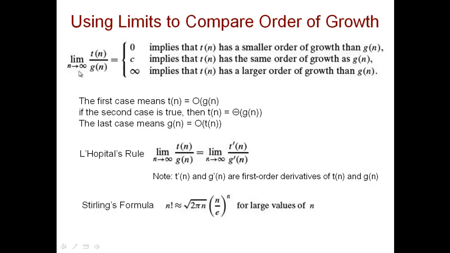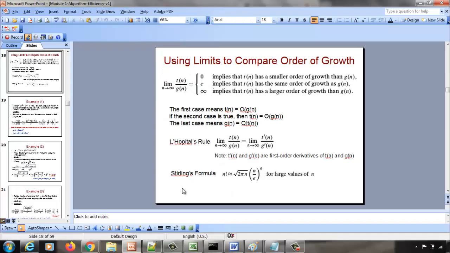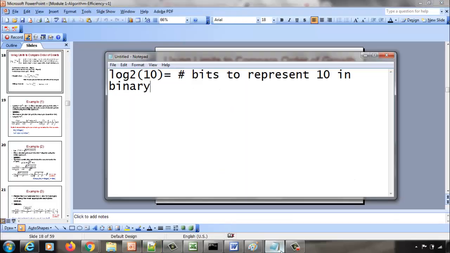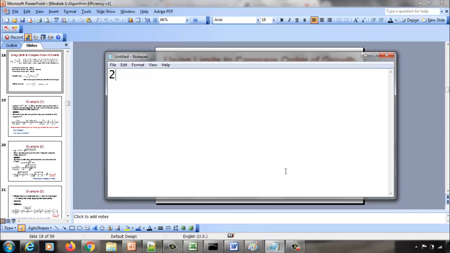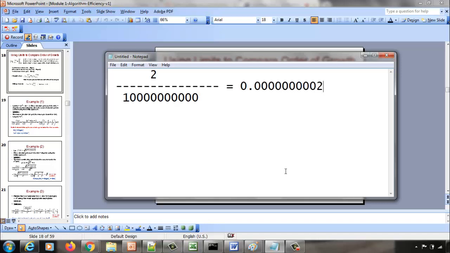As n grows to infinity, if the ratio of these two functions is 0, think about this: you have a small value in the numerator divided by a very large value. So this ratio value will be close to 0. Right? So this is very close to 0. This is what I mean here.